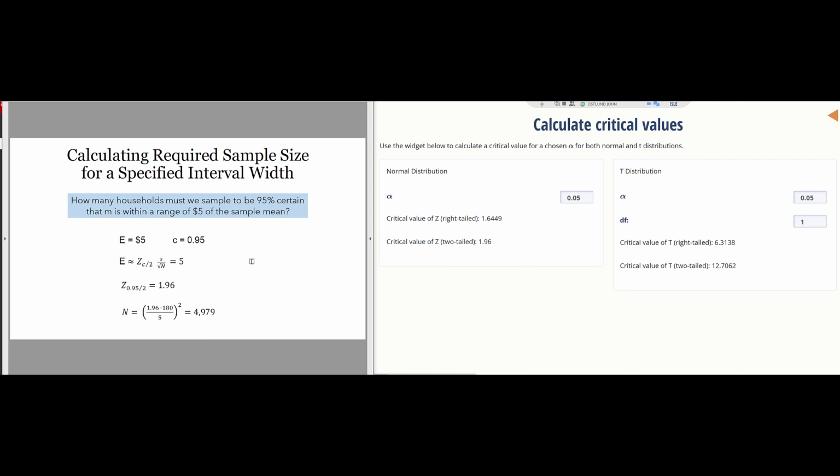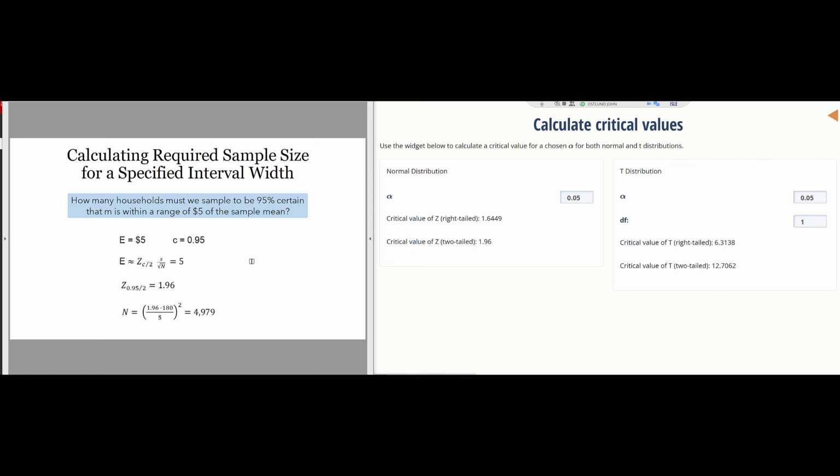So often we have dictated to us the required level of confidence and the required narrowness of the error bounds.